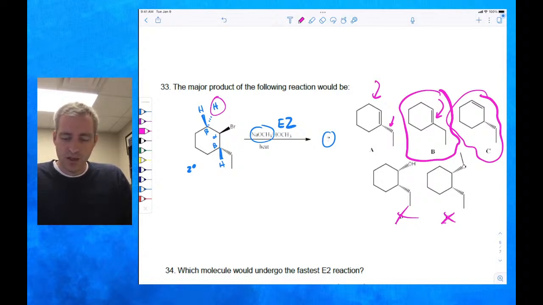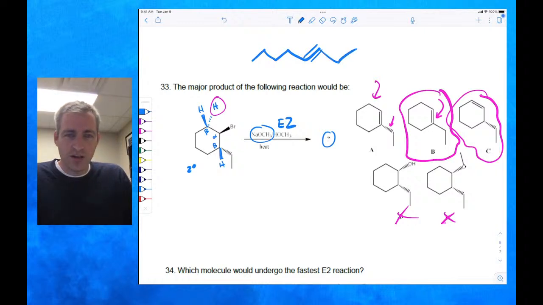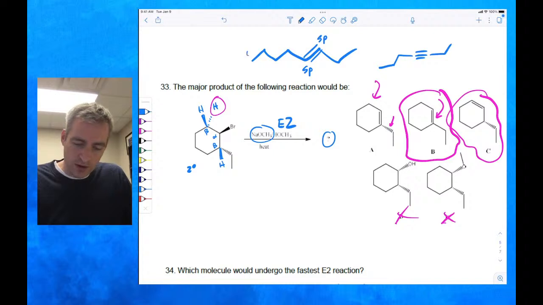The dashed and wedged bonds are a way of showing three-dimensional shape. The other one that gets me is if people draw things like this to draw an alkyne. These are sp carbons. sp carbons have bond angles of 180 degrees. So this should really be looking like this, however many we got here: 1, 2, 3, 4. 1, 2, 3, 4.